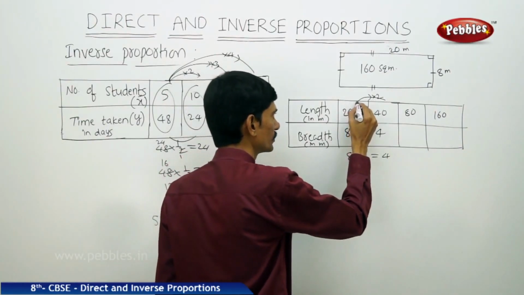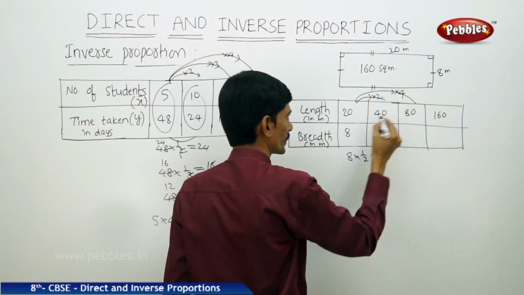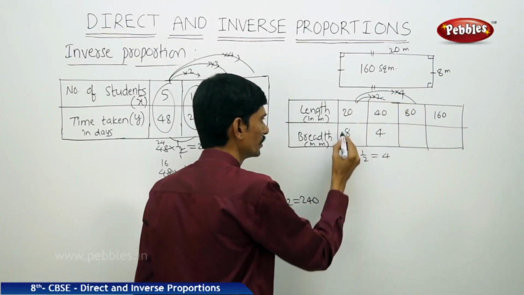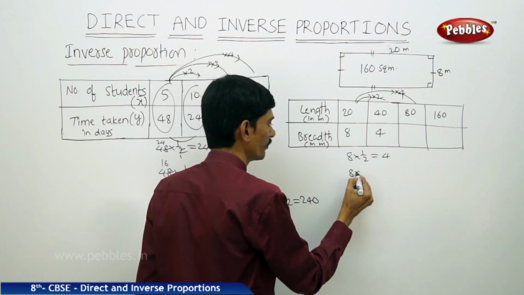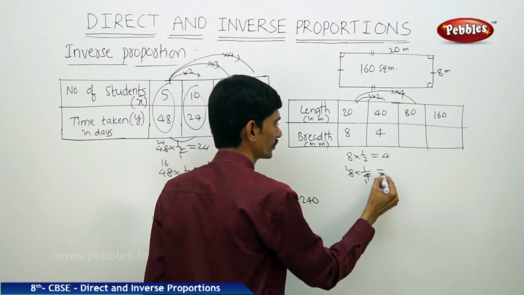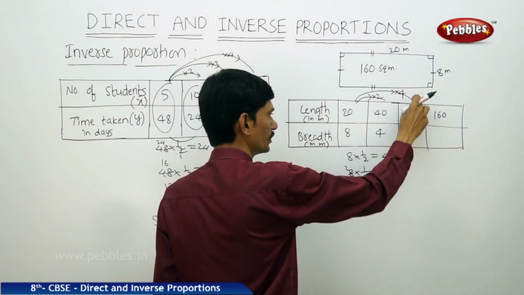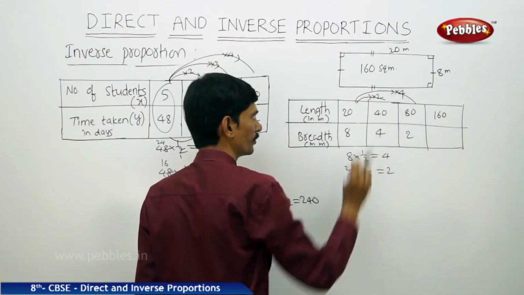And when the length is multiplied by 4, so 20 times 4 is 80, then the breadth is divided by 4, so 8 divided by 4 equals 2 meters. Now the area is 80 into 2 is 160 square meters.